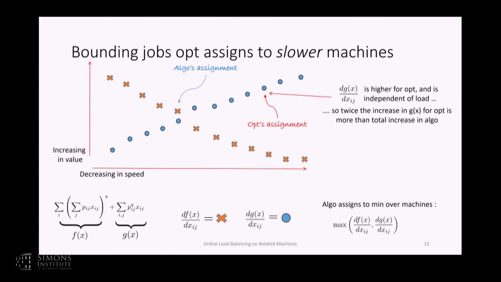My suspicion is that might also be a good algorithm, but the analysis becomes messy. I lose this structural property, and this property is crucial for my analysis.